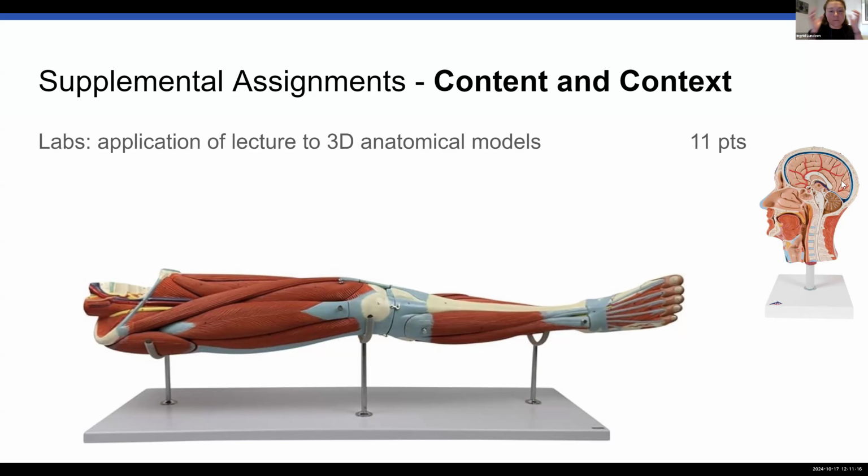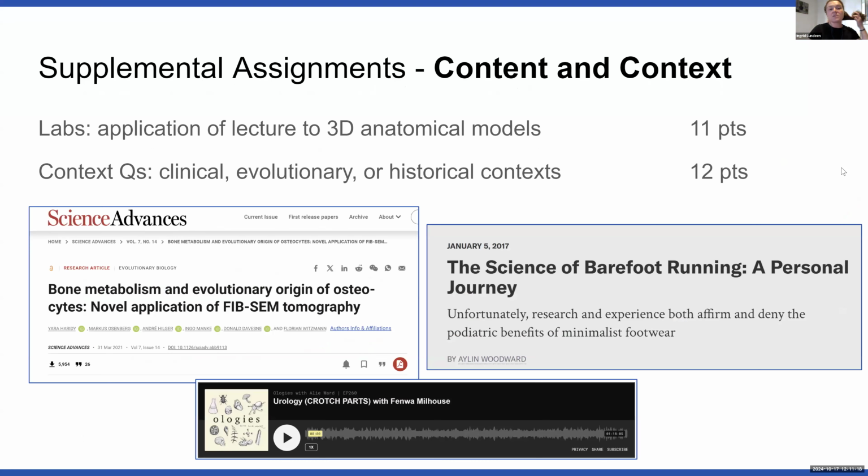Another thing that I was doing was having my students do these context questions. These were looking at anatomy in the context of something else. This could be clinical, it could be an evolutionary context, or it could be historical context. I am a paleontologist, and so I study evolutionary anatomy specifically, and I'm really interested in the evolution of all of the systems that I'm teaching them about.